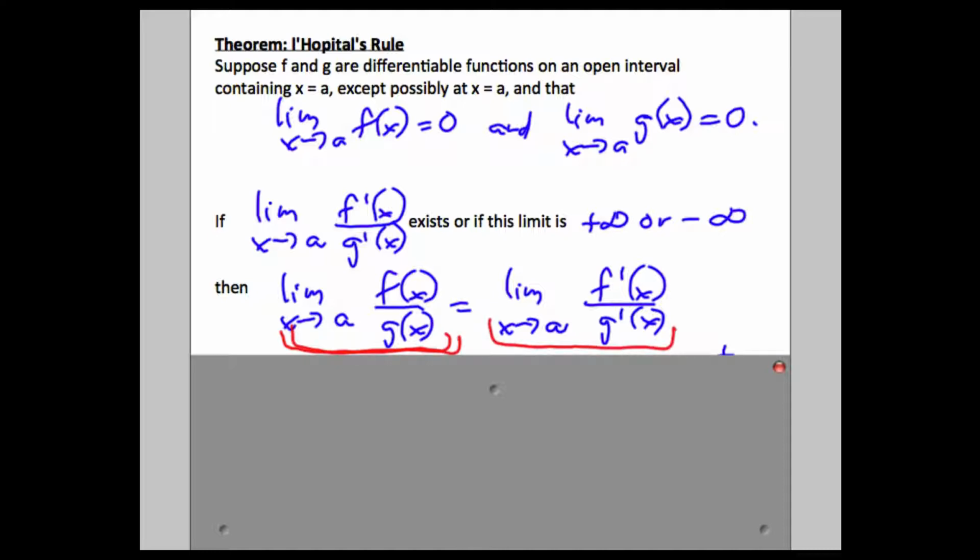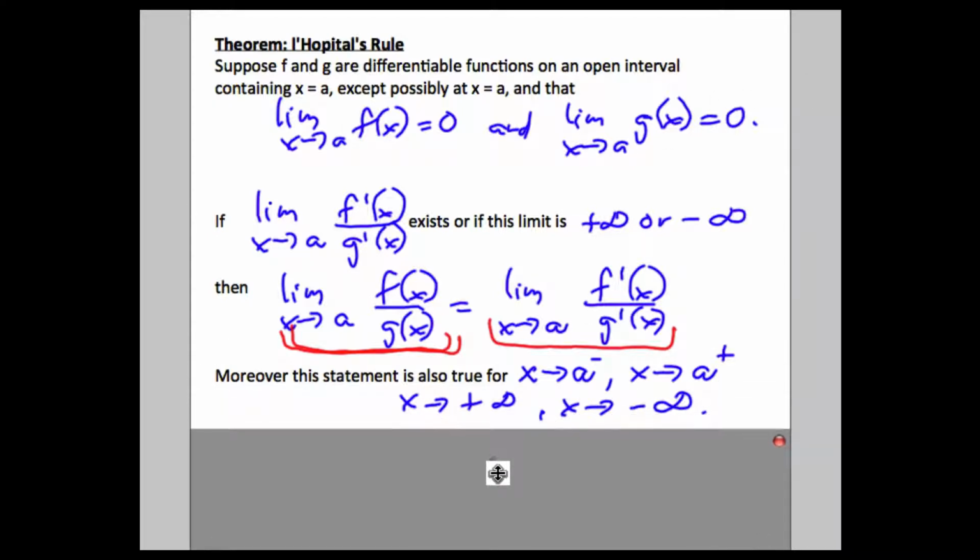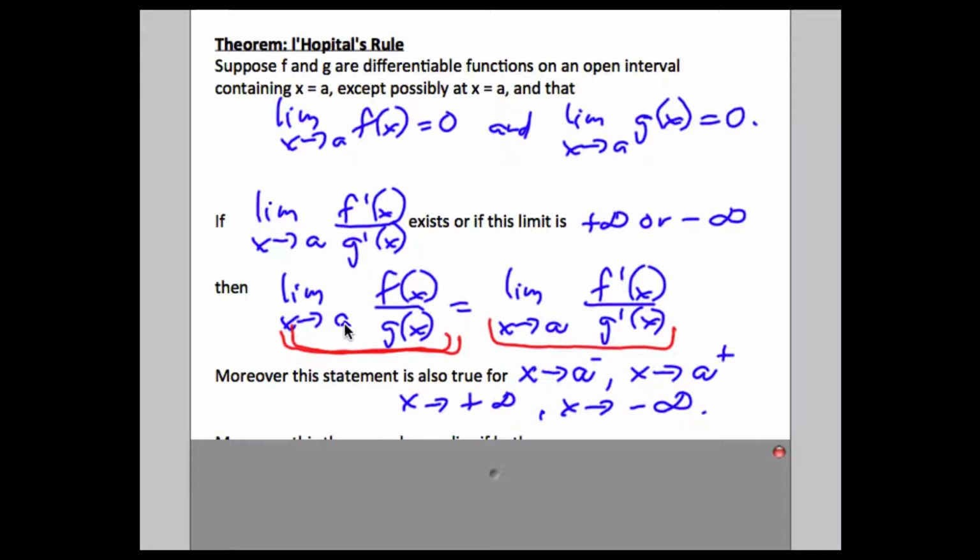And that's true whether or not this goes to infinity, negative infinity, or an actual value. Furthermore, all of this can be applied to not only x going towards a, but x going towards any of these values, or to infinity.